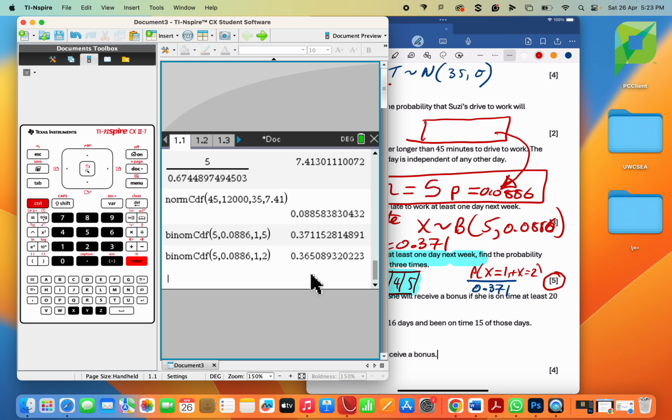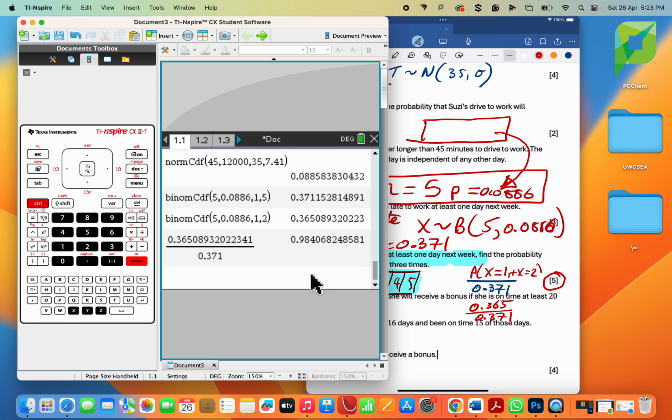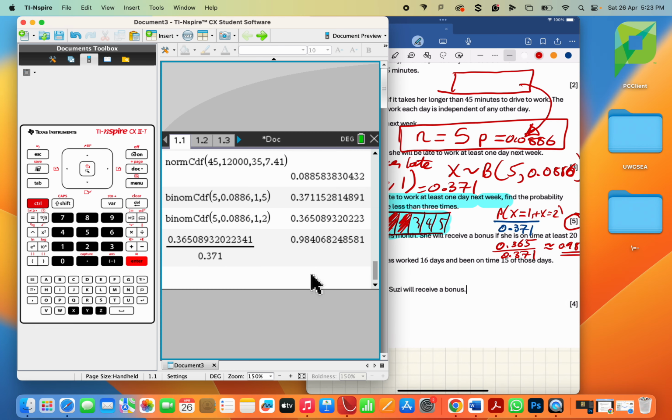So that's 0.365, so let's transfer that to the question, 0.365, and that's divided by 0.371. It's a very high probability, so that's approximately 0.984. Okay, nearly there now.